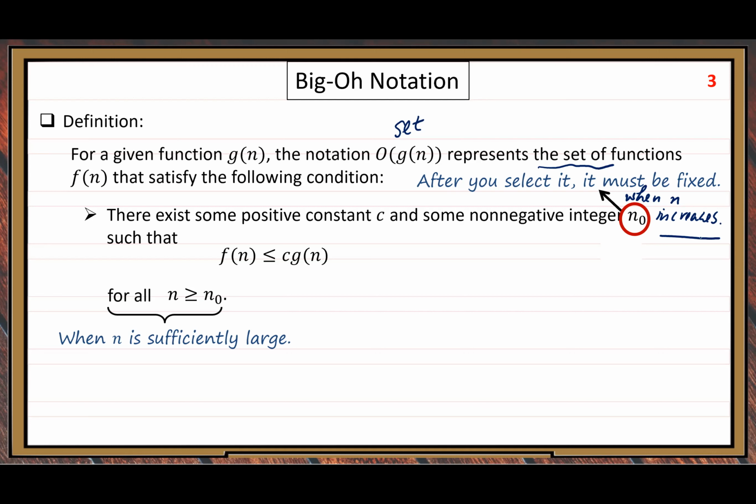In this expression, n0 does not appear. It's hidden. When you see the expression "n sufficiently large," you do not see the n0 notation, but it's hidden. It means there is some constant n0 where, for n greater or equal to that hidden constant n0, this inequality holds.